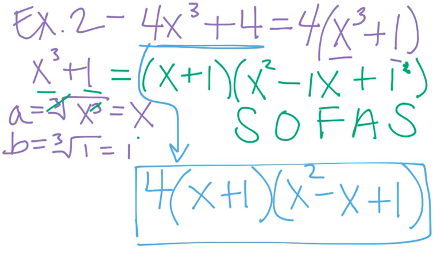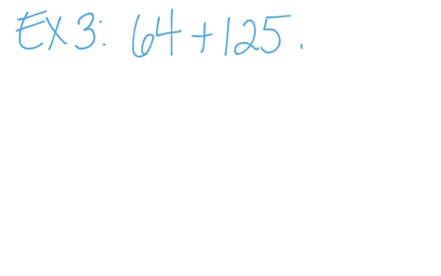All right, let's take a look at one final example. Let's clear the screen here. Okay, so example 3 is 64 plus 125a cubed. So we want to ask ourselves, is 64 a perfect cube? Yes.